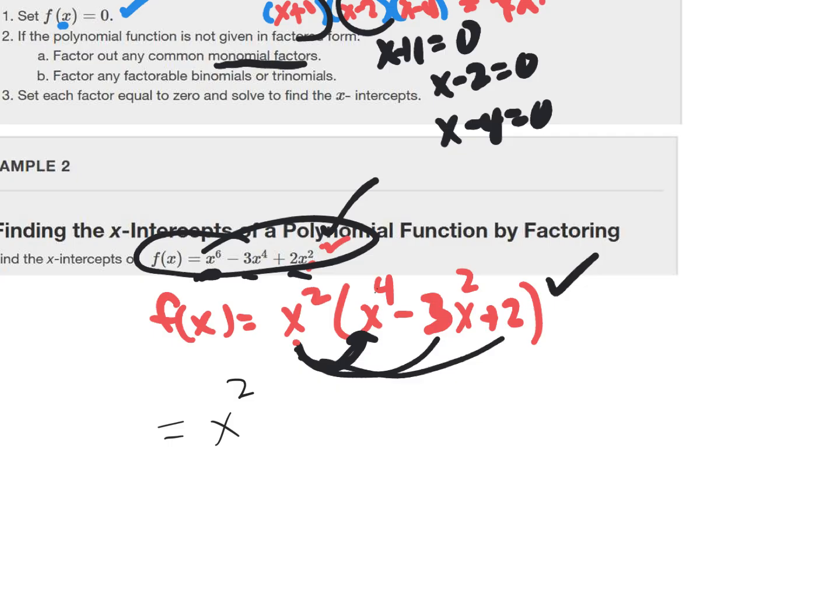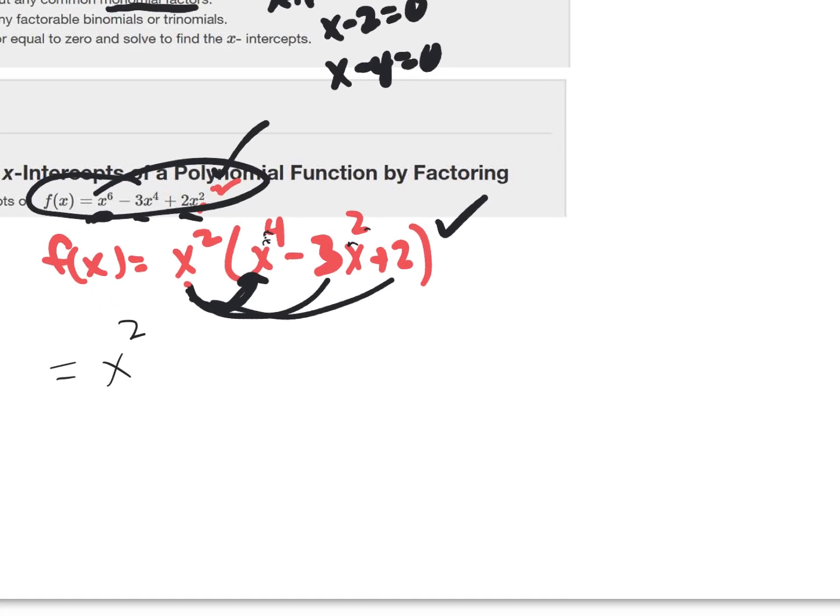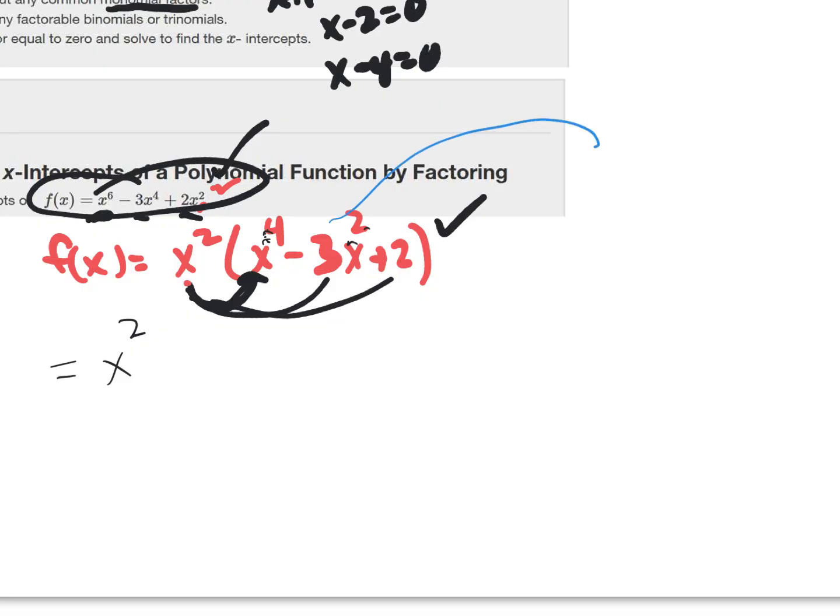But if you have a 4th degree and the second term is half of it too, then I can just pretend that I'm looking at x squared, and half of 2 is a 1, minus 3x, and then I keep the plus 2.